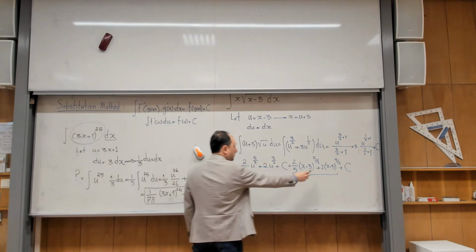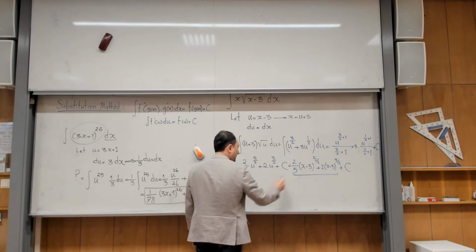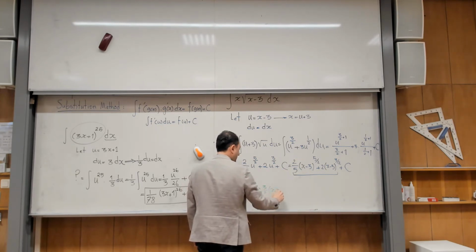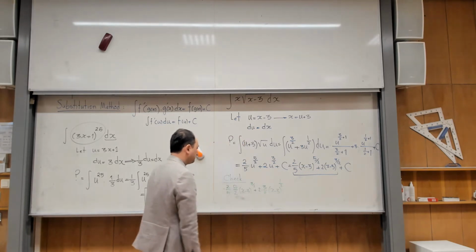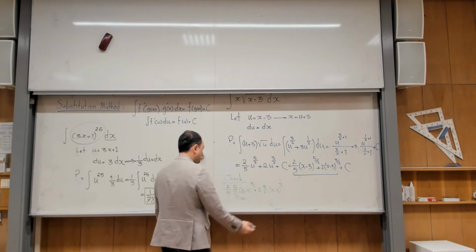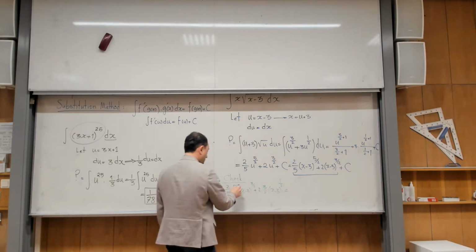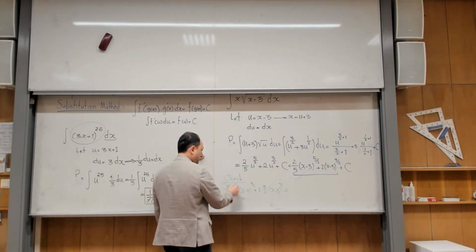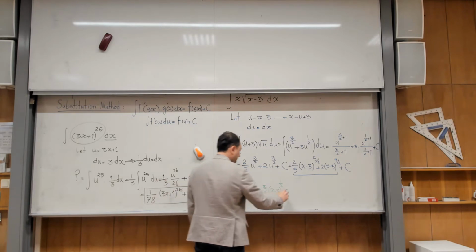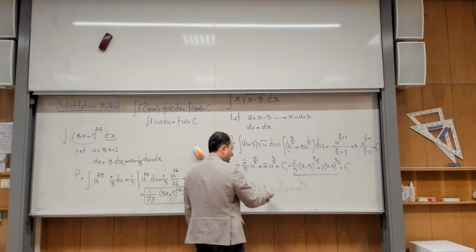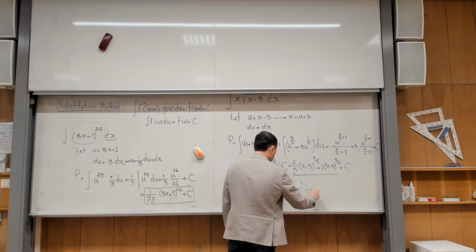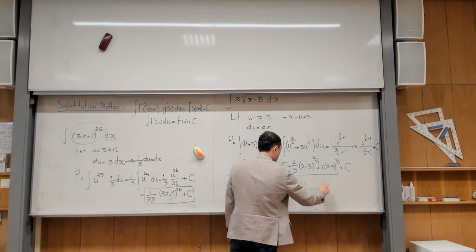And then I go here, I have 2, and 3 over 2 goes down, and then I have x minus 3 to the power of 1/2 this time. Yes? Okay, let us simplify that. So this is gone, so it is 1, and x minus 3 to the power of 3/2, and then this one is gone, so plus 3 x minus 3 to the power of 1/2.